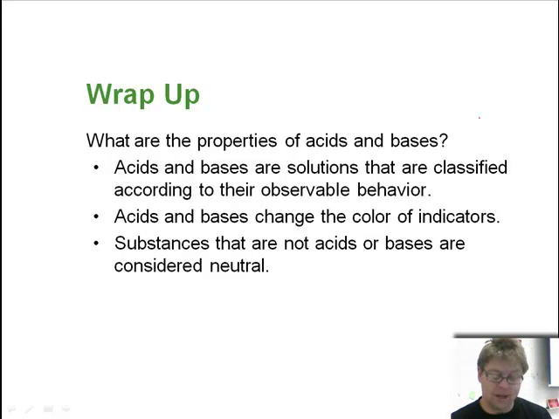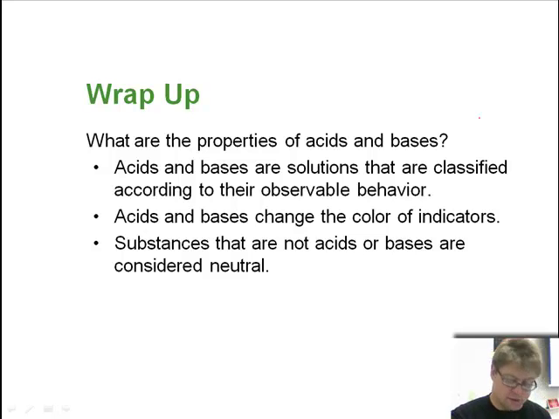So here we have a basic solution, and if we put the paper into the basic solution, you'll notice here that if we use this background piece of paper, it turns a bluish color in a basic solution.